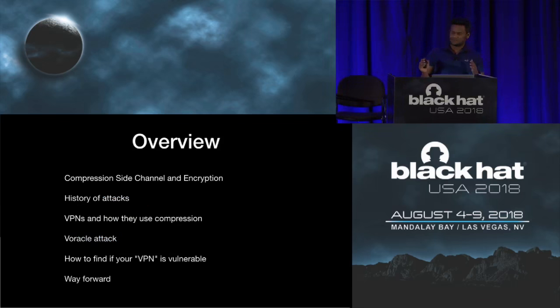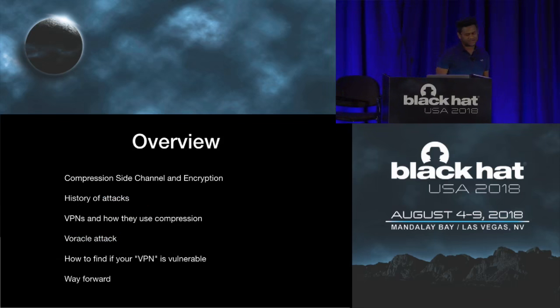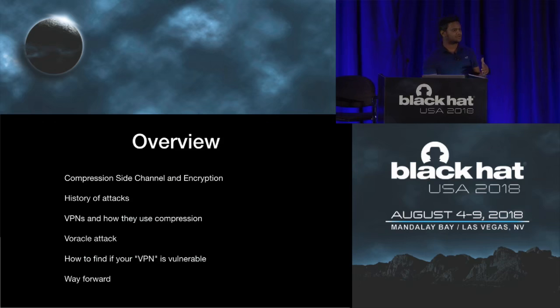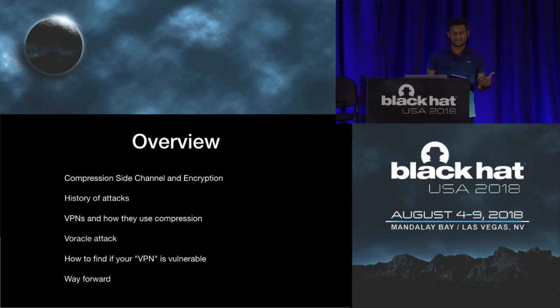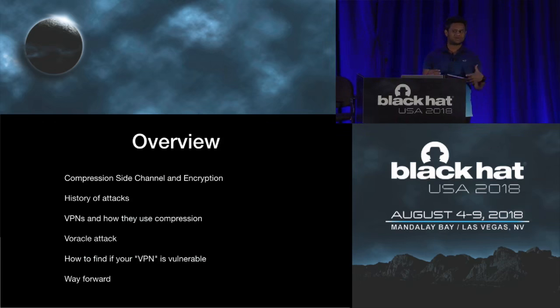Let's see what topics we are going to cover today. A little bit about compression side channels and encryption. I want to cover a broader audience, so if you're very new to compression oracle side channel attacks, I'd like to go through what they are, how they are relevant, and the history of attacks around compression oracles so far.